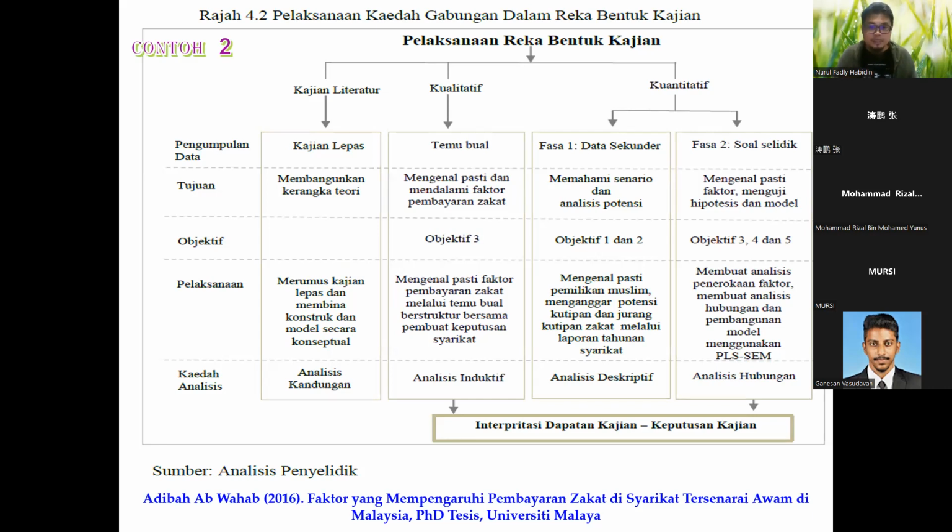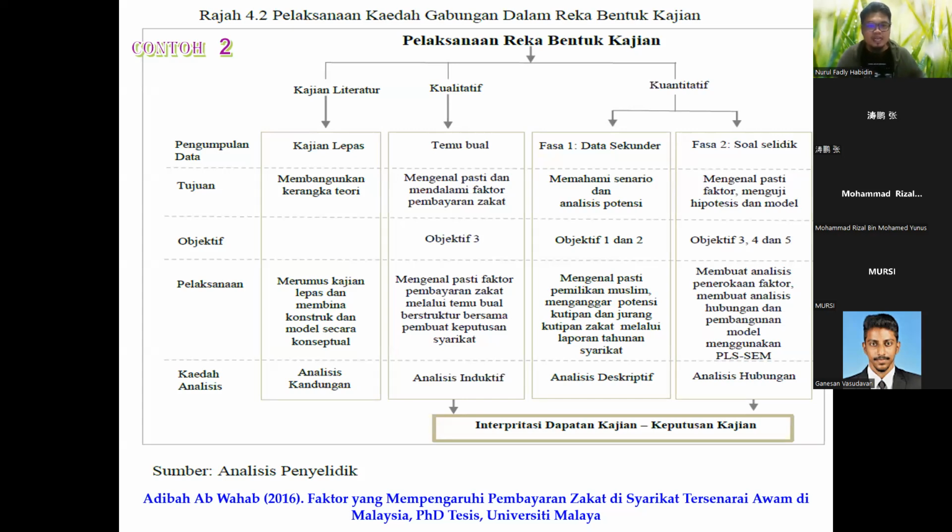This is another example. If you are from Malaysia and a local student, you can see in this figure how they show the process in their research design. For example, objectives number 1 and 2 use secondary data for quantitative, and to answer questions number 3, 4, 5 they use the questionnaire, and to answer objective number 3 they use the interview.